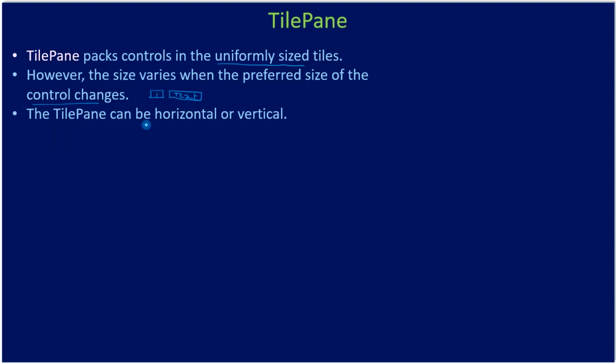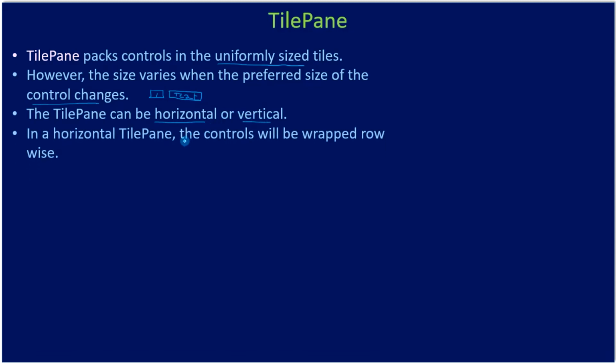The tile pane can be horizontal or it can be vertical. In a horizontal tile pane, the controls will be wrapped row-wise. Wrapped row-wise in the sense, once the control fills the first row, the second row will be occupied.